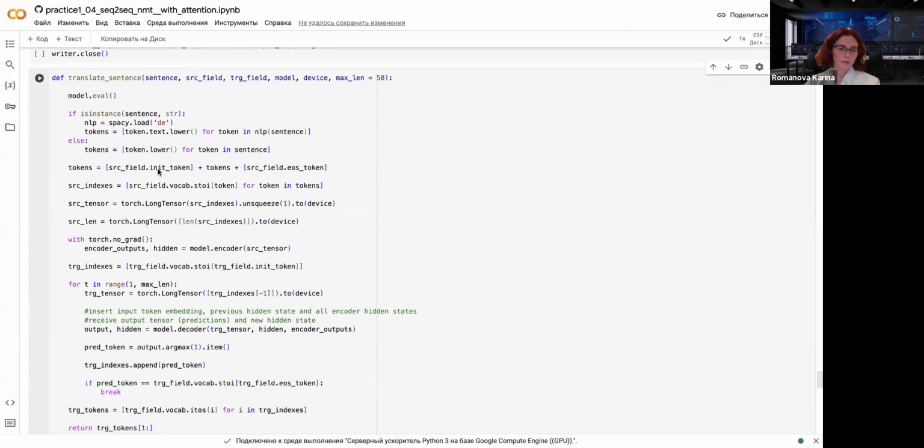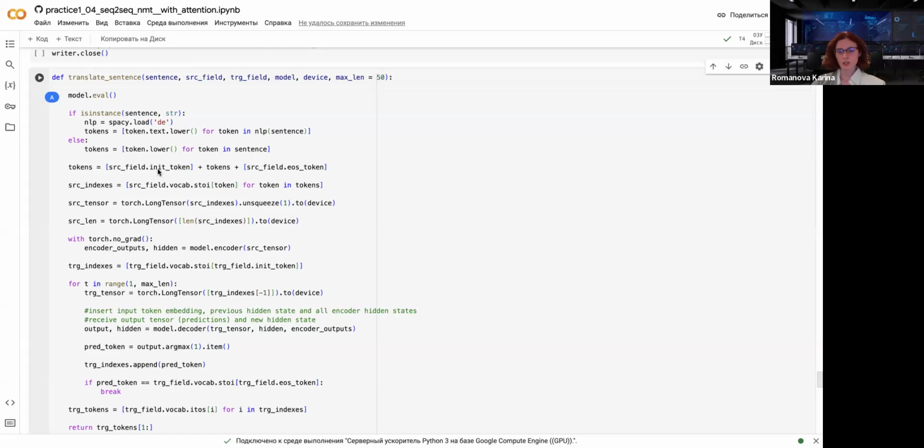So here it's just a way how we can use our implemented technique at inference. I think we can just say that it's a user-friendly interface, or something like this, how we can communicate with our model.